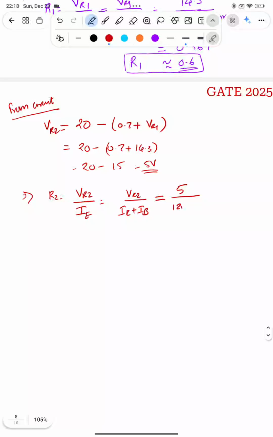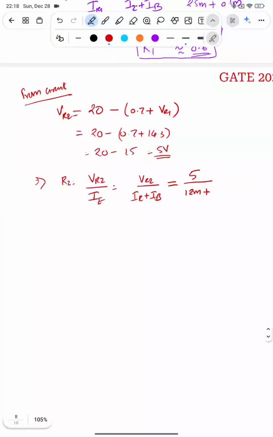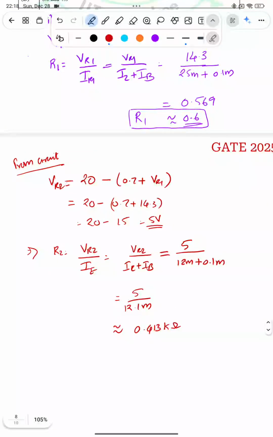IC is 12 milli plus IB is 0.1 milli, right? So this is 5 by 12.1 milli, which is approximately equal to 0.413 kilo ohm. So I will say this is approximately equal to 0.4 kilo ohm, R2.